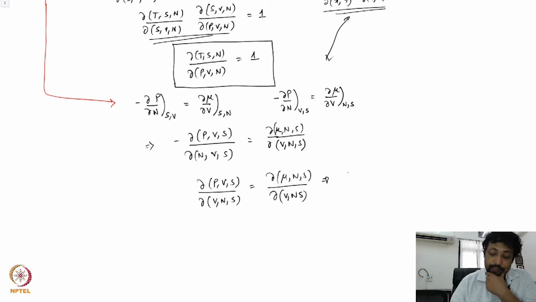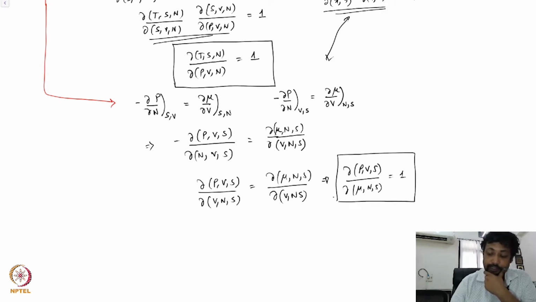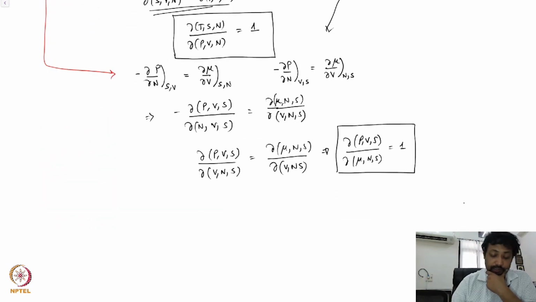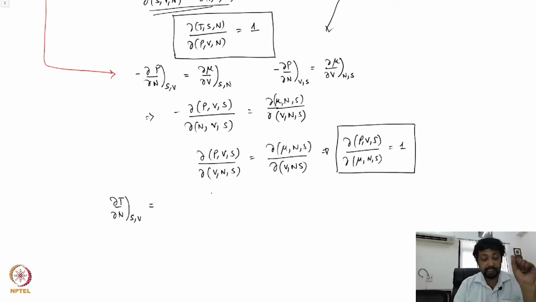This implies I will use the same argument that I have used before. Del of mu N S must be equal to 1. This is my second Maxwell's relation. What about the third? The third is del T del N at S comma V. This is the relation between the T dS term and the mu dN term, right?